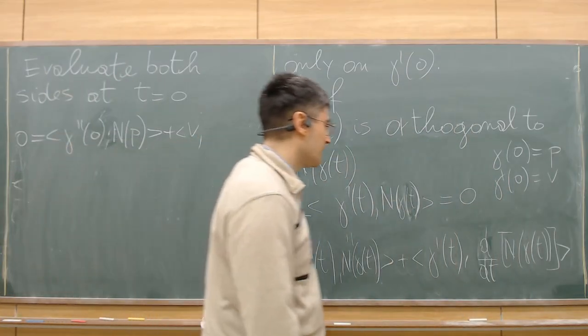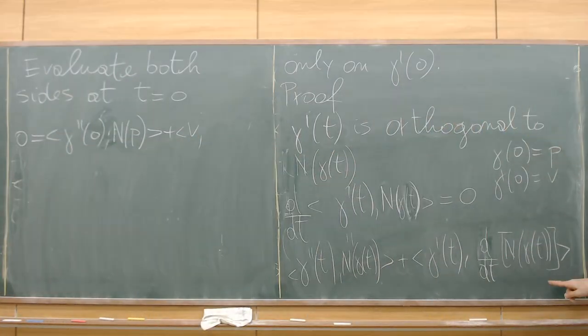And what is this? In order to compute this derivative, you have to use the chain rule, and then you have to evaluate at 0.